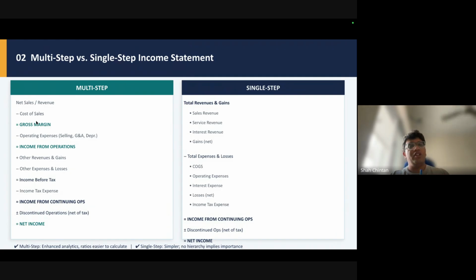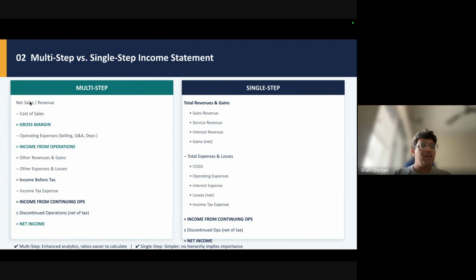So as a financial user, I know my product is good. I need to control my other expenses. But let's say if my gross margin is negative, then my product itself is bad. Before I correct my other expenses, I have to correct my product. So multi-step income statement gives a bit more detail to make the analysis than a single step approach.